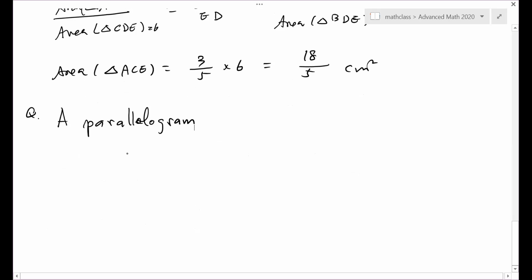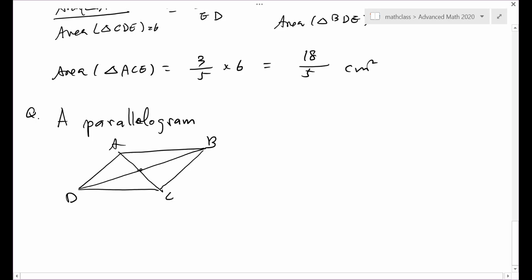This is A, B, C, and D. I draw the two diagonals and they intersect at E. Show that all four triangles have the same area.